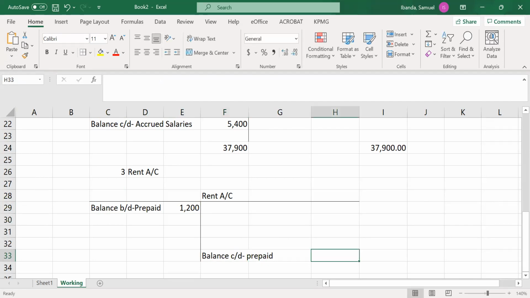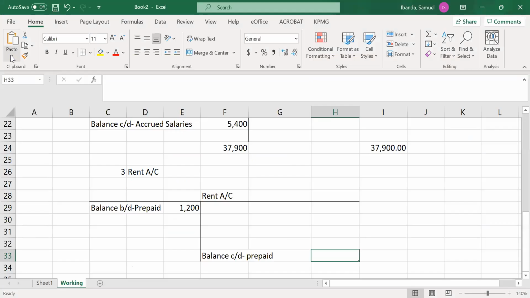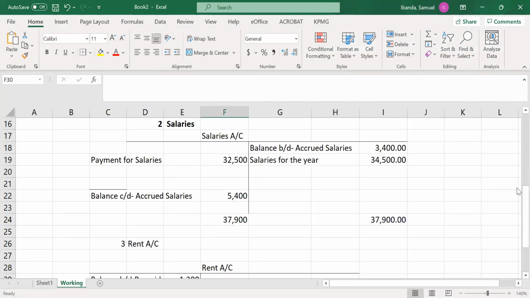I'll just pick the value that I have, which is 3,200. That's what I have. Then after that, I'm going to do the same thing that I did here for my salaries.